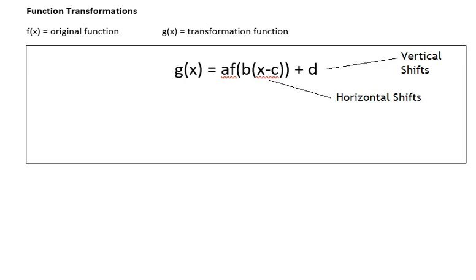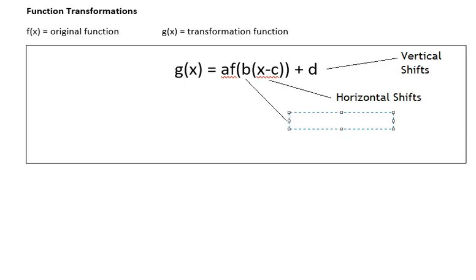The b in the function corresponds to our horizontal scalings, and it can also be reflections across the y-axis. So like a negative would be a reflection across the y-axis.